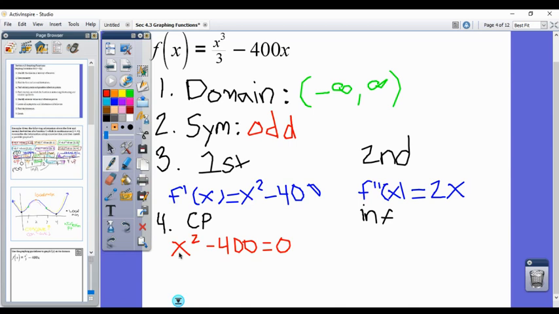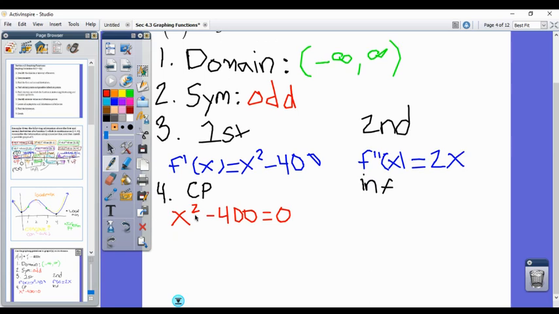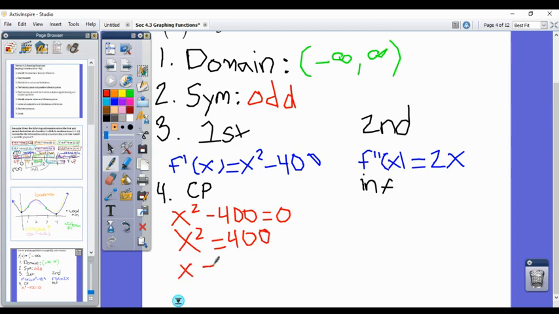So we're going to get x is going to be positive or negative 20.